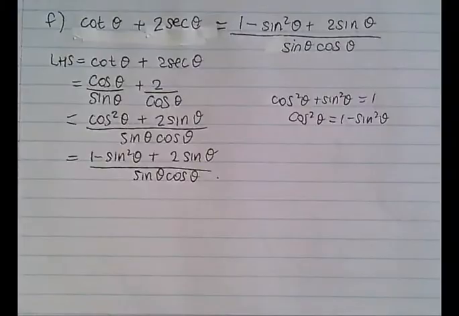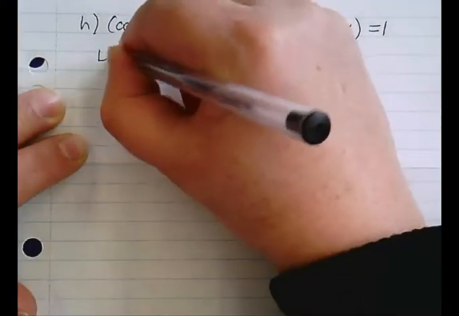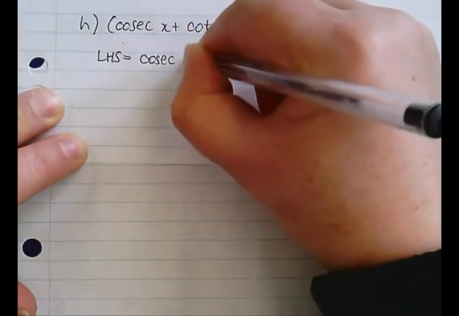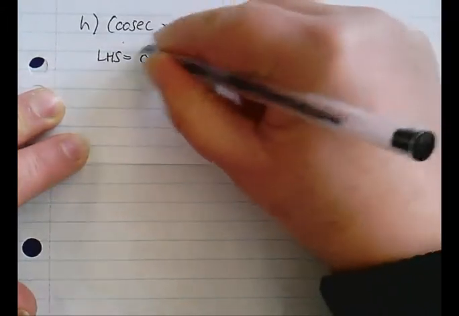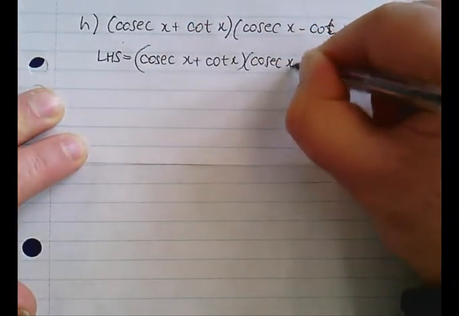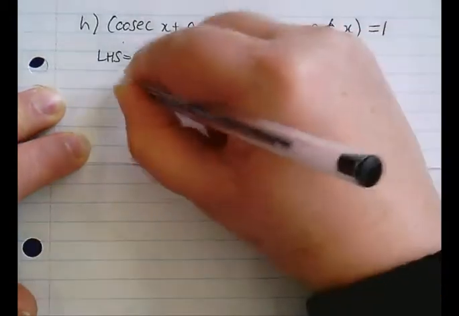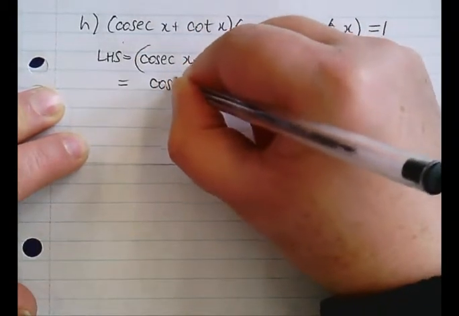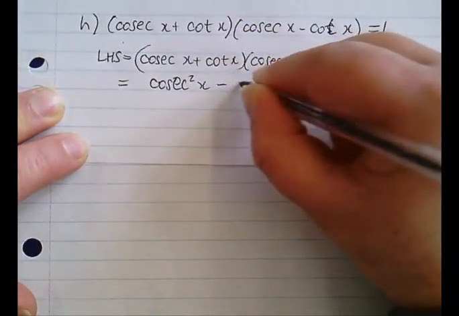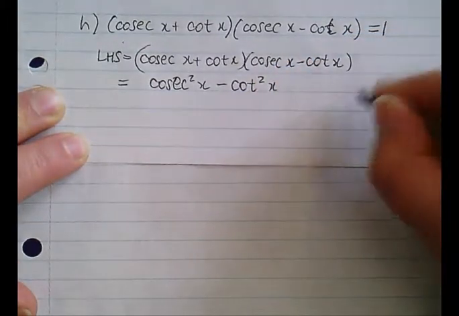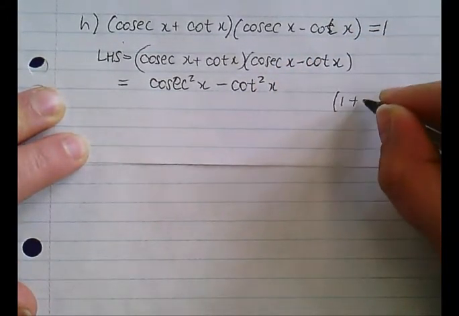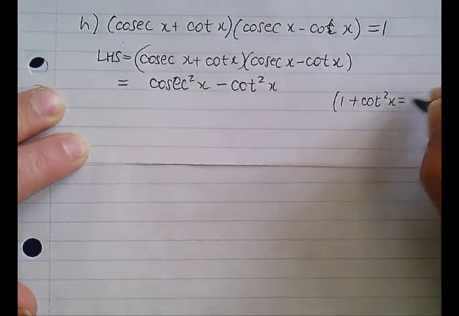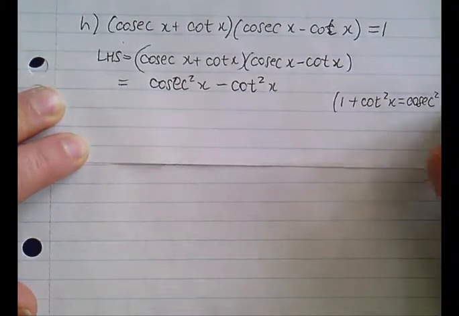Let's try the last one. This result here. So our left-hand side is cosec x plus cot x times cosec x minus cot x. That's a difference of 2 squares. So that's cosec squared x minus cot squared x. Now we know the result 1 plus cot squared x equals cosec squared x.